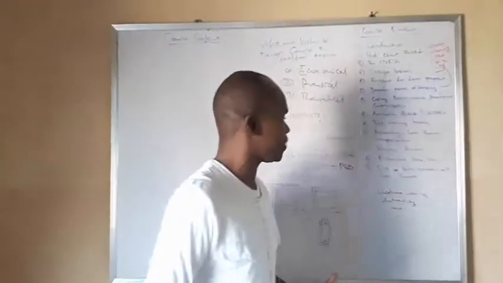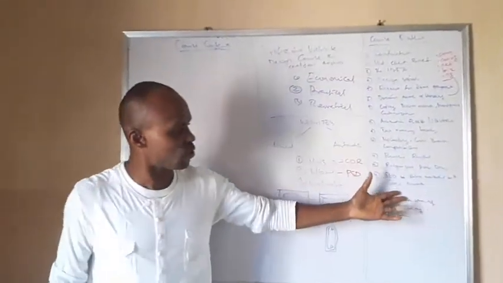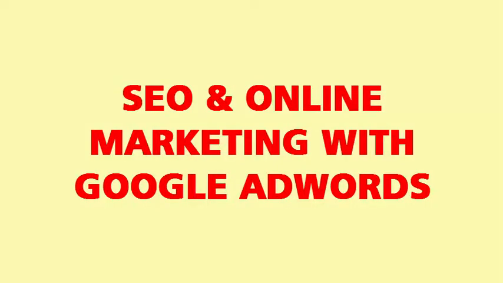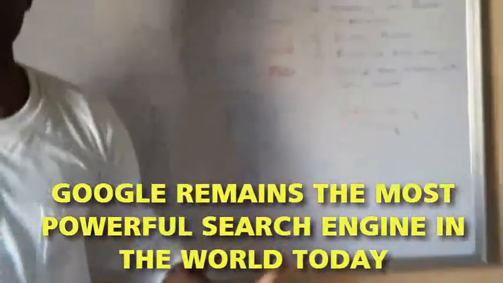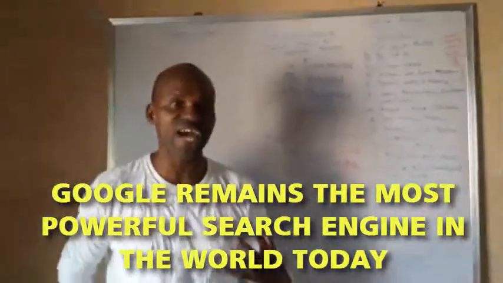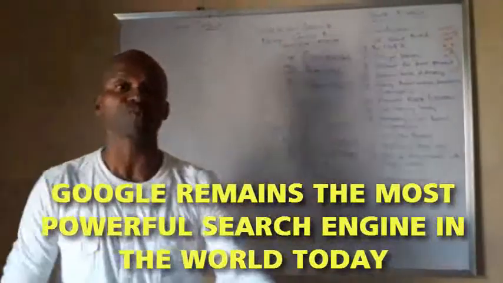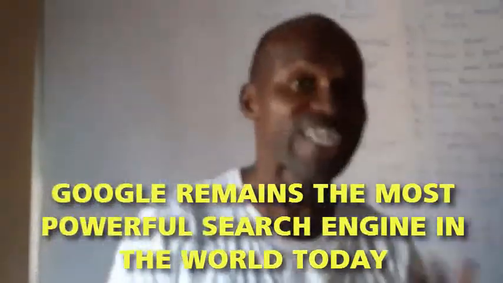Finally, we're going to be rounding up the course looking at SEO and online marketing. If you are familiar with this, SEO simply means search engine optimization. The most powerful search engine in the whole world today is Google, and you want to structure your website in a way that Google or search engines will find it conveniently, rank your website, and index it.